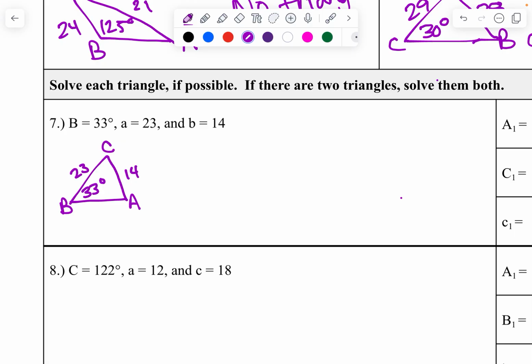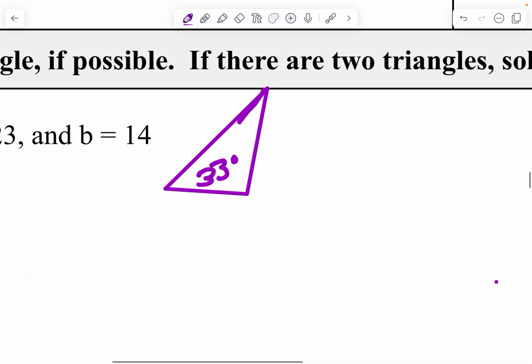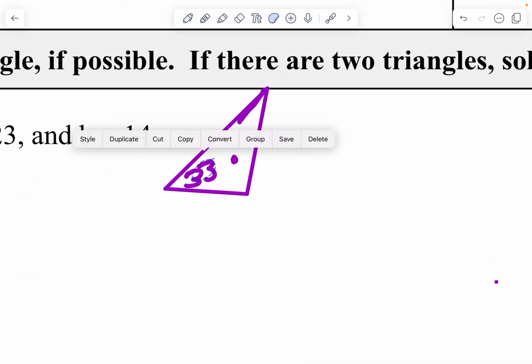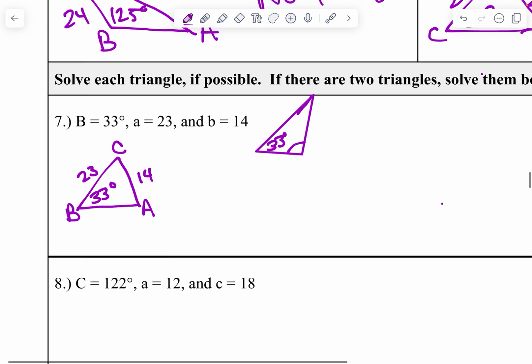So that's one possibility. The other possibility is if we swing that 14 in, so that we have an obtuse angle instead of, this is still 33 degrees here, but now this is going to be an obtuse angle, whereas it's more of an acute angle in the first possibility.